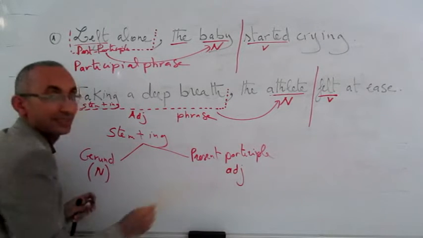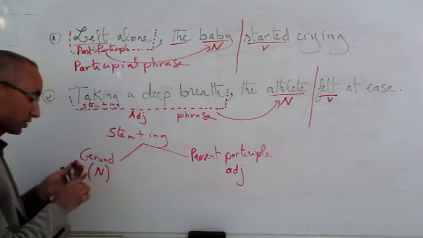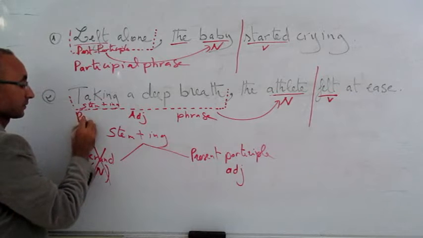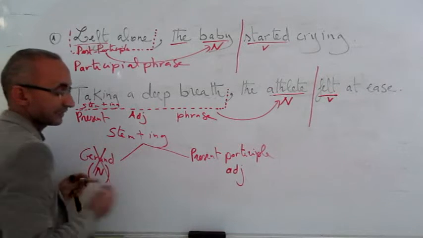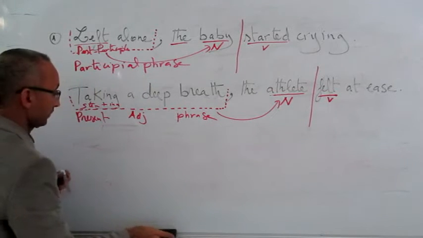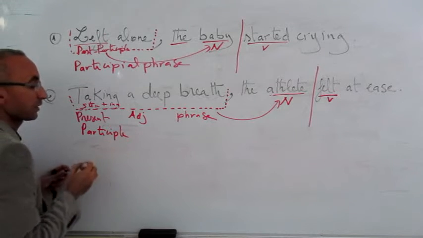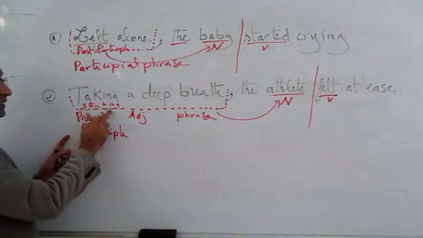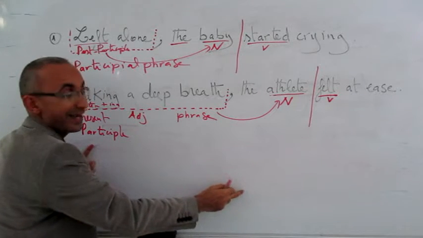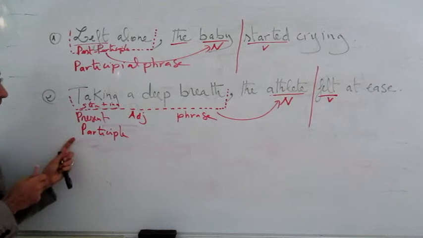So, adjective. Thus the form of stem ing here represents not a gerund, but what? A present participle. Clear? Why? Because we said that a gerund acts as a noun, and here this form, stem ing, is acting as an adjective. And this adjective is the function of the present participle. Good.